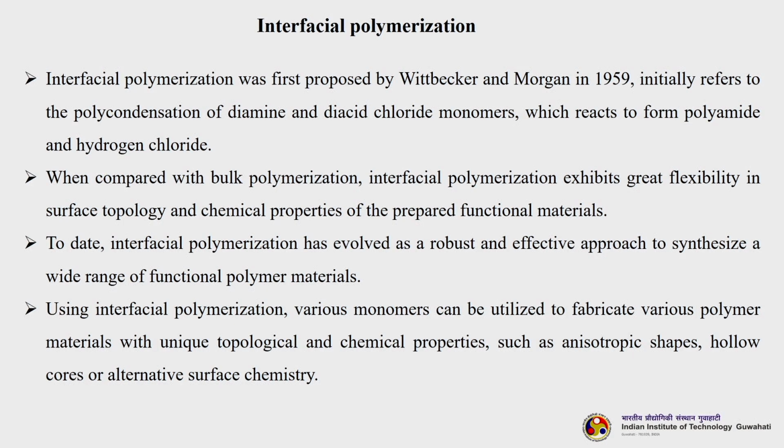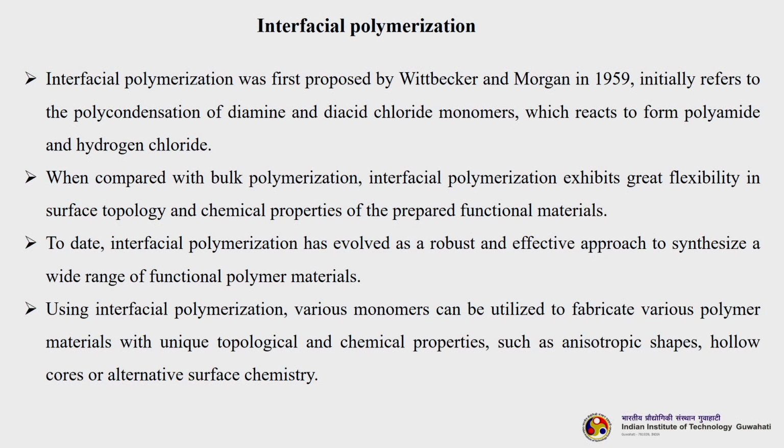Initially it referred to the polycondensation of diamine and diacid chloride monomers, which react to form a polyamide and hydrogen chloride. So, initially the scientists who developed this called it a polycondensation reaction. One amine and another acid chloride monomer are reacted together, so they form a polyamide and hydrogen chloride after the reaction.